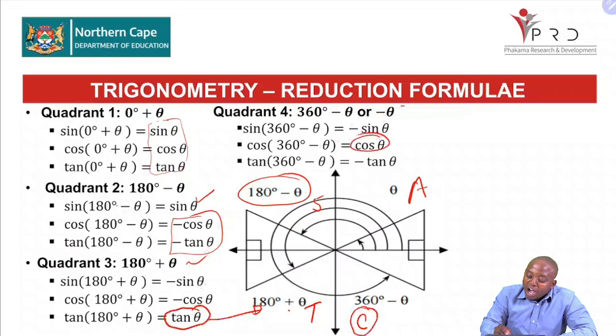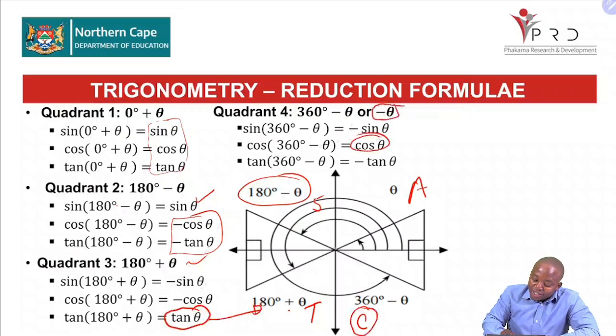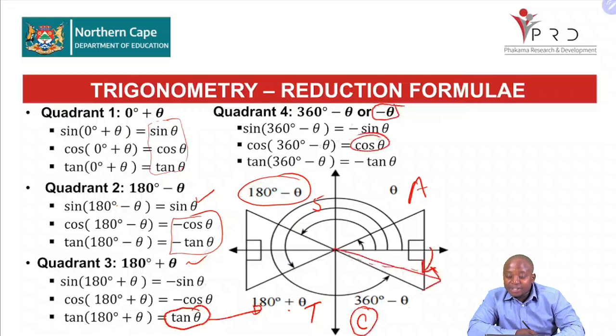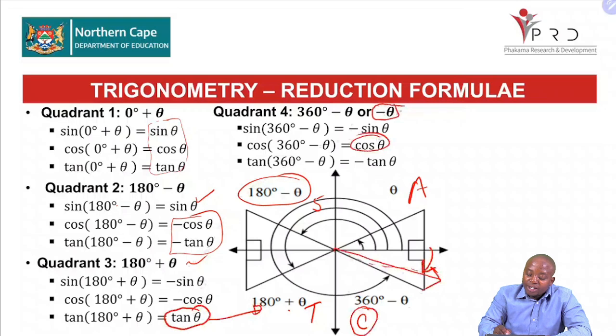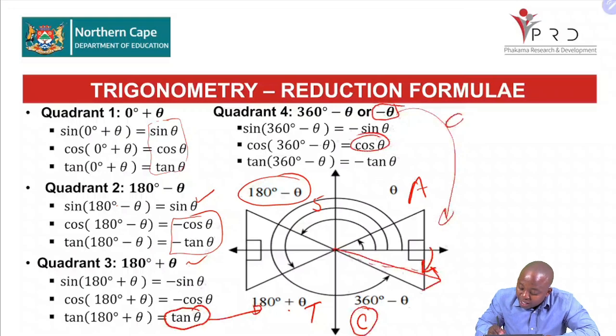And remember, our fourth quadrant also works with our negative angle, where we are now changing the direction, going in the clockwise direction. When you're looking at a negative angle, it falls on the fourth quadrant. That's why cos of a negative angle becomes a positive cos.